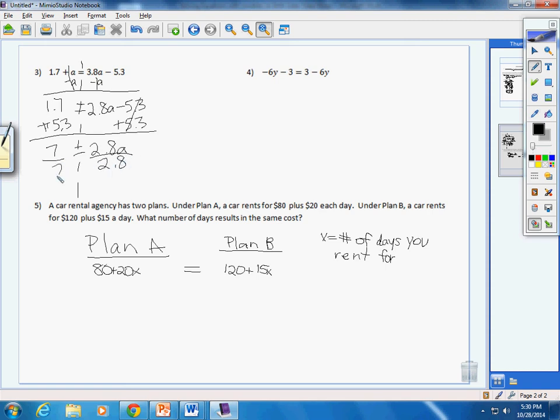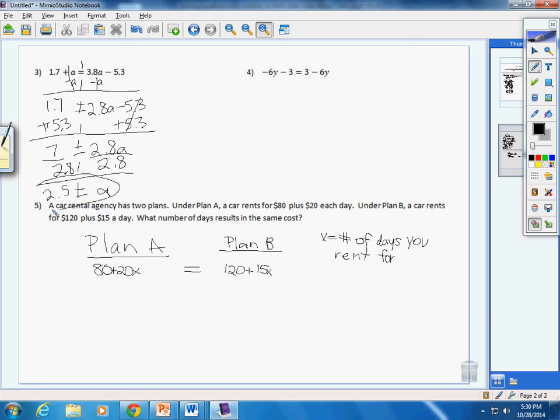Gotta do that on both sides. Here we go. So a better equal 3.5. I'm sorry. I was supposed to divide that by 2.8. I only divided it by 2. I almost made a mistake there. You guys all would have caught me, I'm sure. 7 divided by 2.8 is actually 2.5.